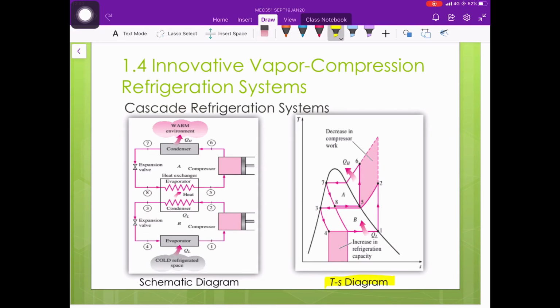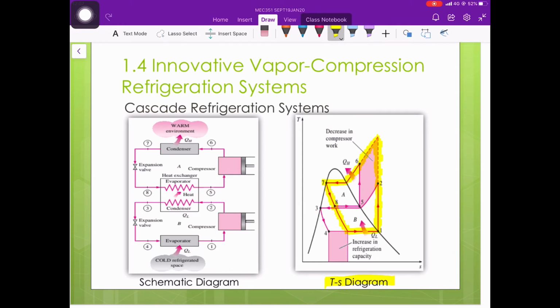Now, if we plot these processes to the TS diagram, it can be presented by this. These are the processes for two-stage cascade refrigeration system. And these are if we use a simple vapor compression cycle.